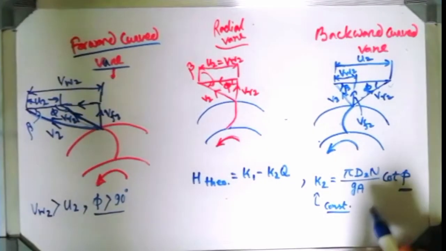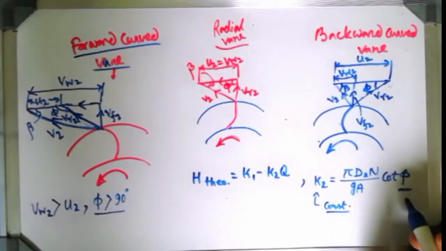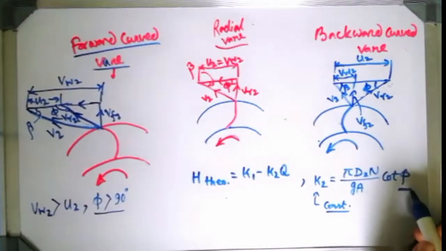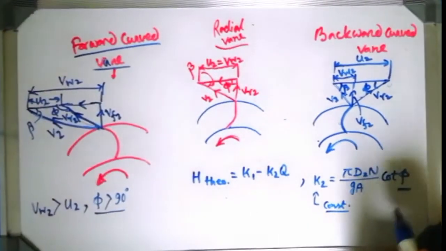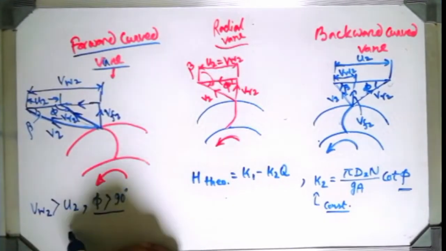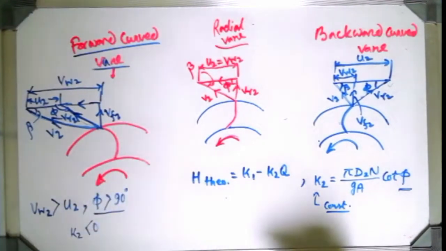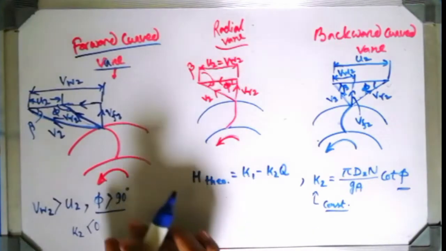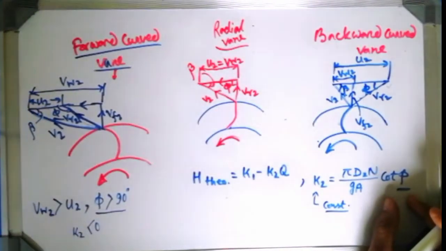Isn't it giving you a negative value? You can try with a calculator, put any value more than 90 degrees, and you will get a negative value. So as a result of phi greater than 90 degrees, K2 will be less than 0. Just put phi greater than 90 degrees over here, you will get it very easily.